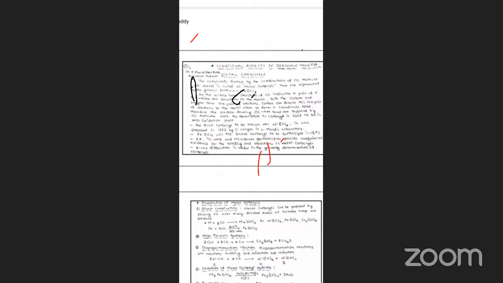First we can discuss how to prepare the carbonyls and their properties. Preparation of metal carbonyls: observe the first reaction.